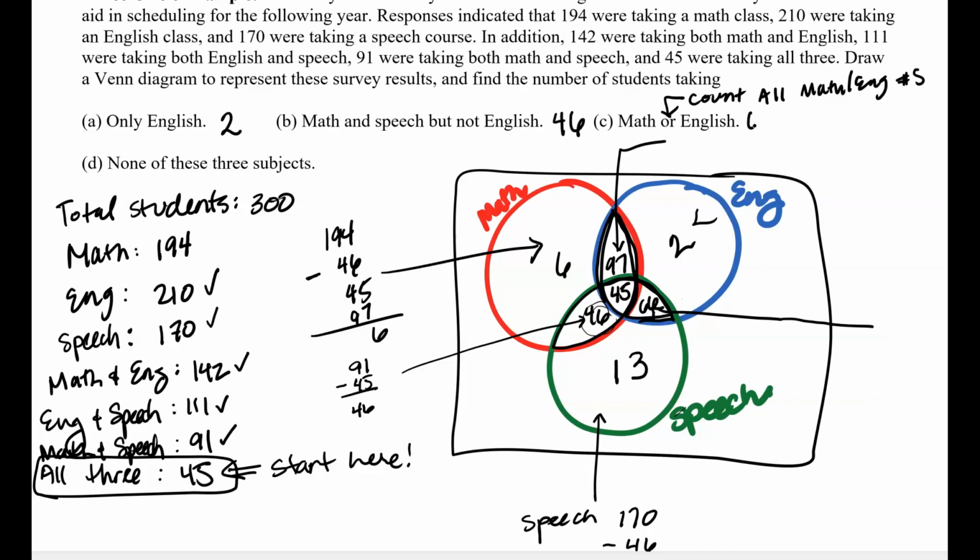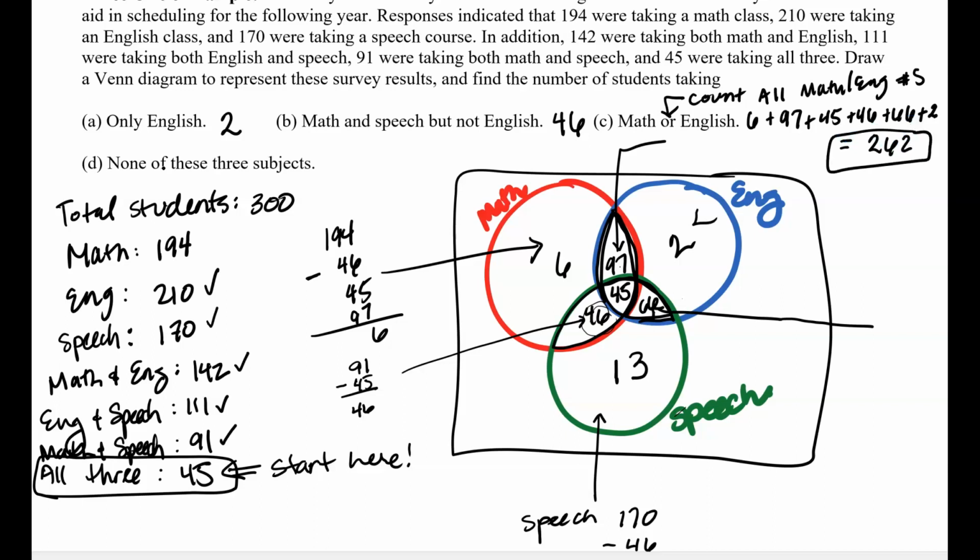So that means 6 plus 97 plus 45 plus 46 plus 66 plus 2. So 1, 2, 3, 4, 5, 6. We should have 6 numbers. Awesome. And when we add those all together, we should get 262 students.